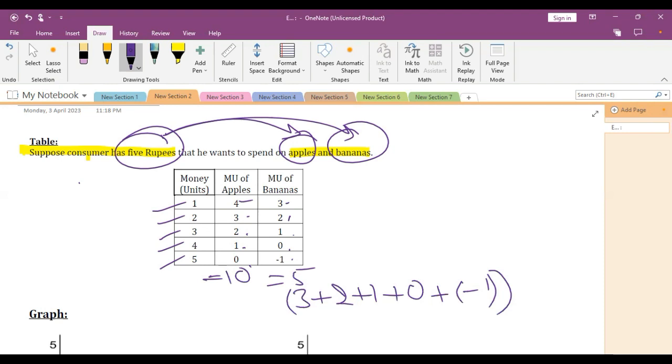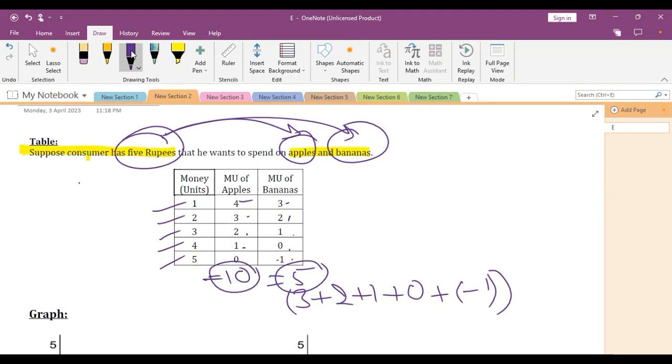If we consume only apples, the total utility is 10, and if we ignore apples and purchase only bananas, the utility is 5. But we are going to have their combination in such a form that we get a maximum answer from our available resources.